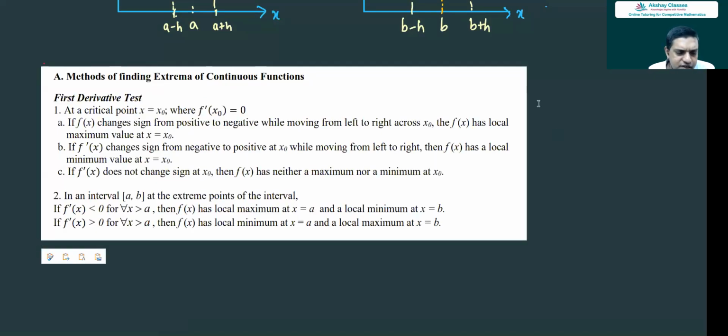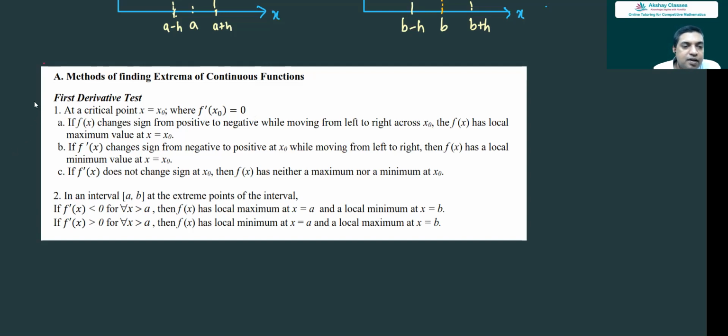So in the first derivative test, I am just going to base my conclusion of maximum and minimum on the first derivative. So this is the first derivative test for maximum. At a critical point, x equal to x naught, where f dash x naught is equal to 0. That means at this point, there is a horizontal tangent.